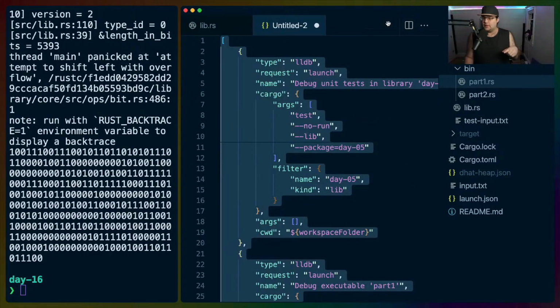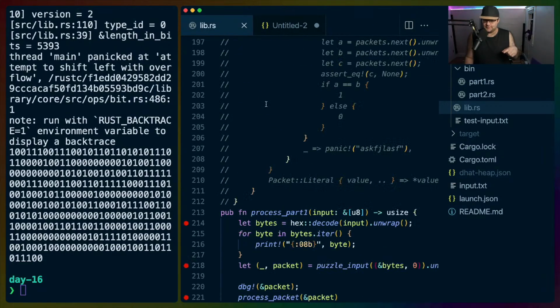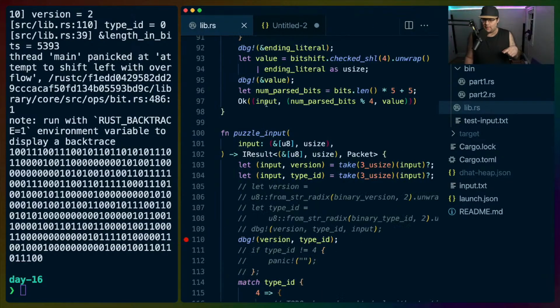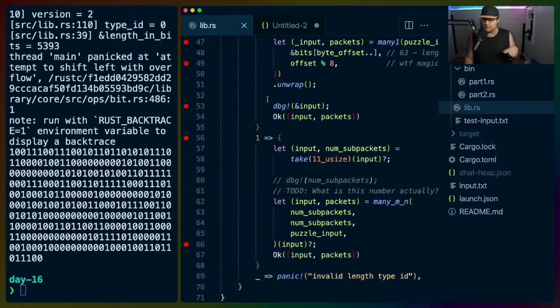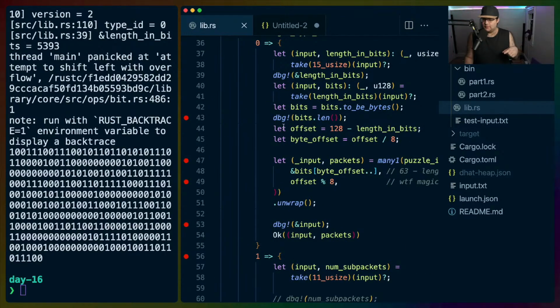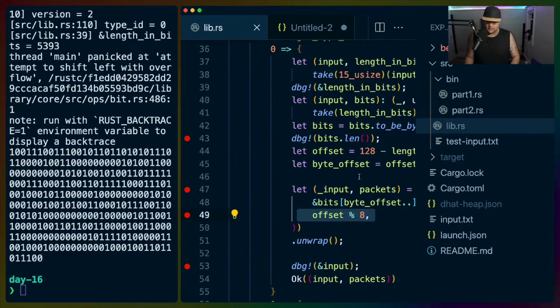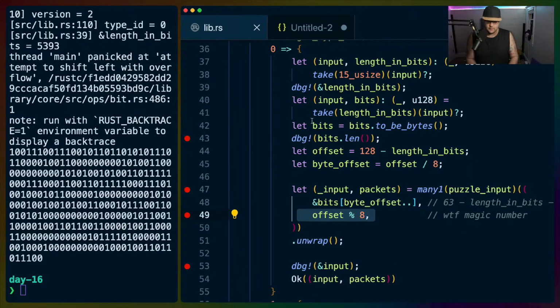So if we look at lib.rs, I might still have a debugger breakpoint there somewhere. Where was I? Right. So right here on line 49, you see this offset mod 8. That used to be a hard-coded 0 when I swapped it over to be the binary parser.